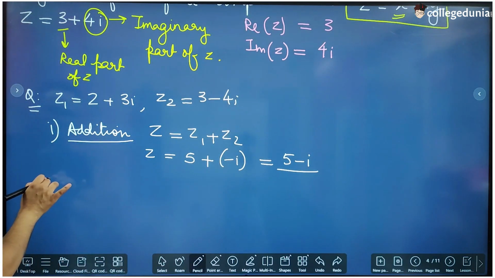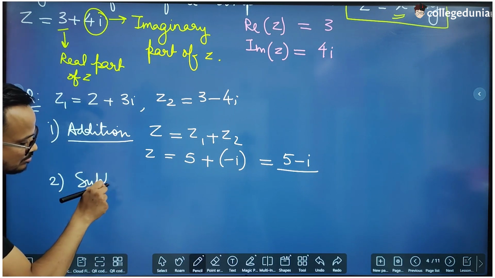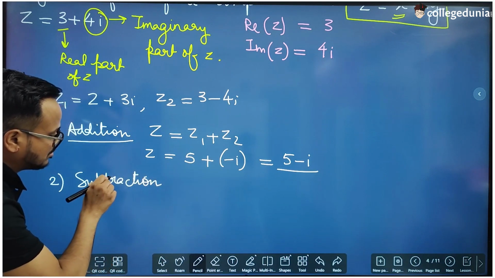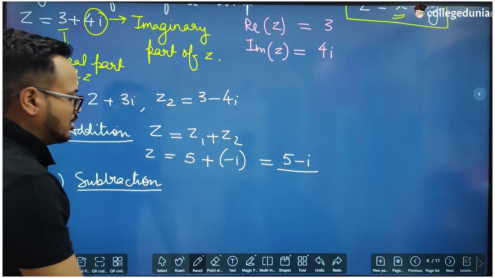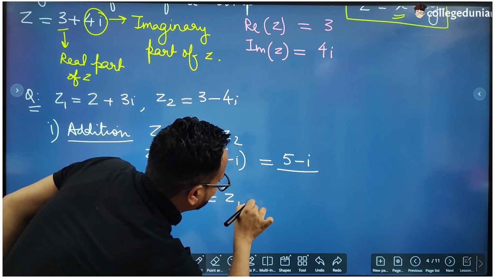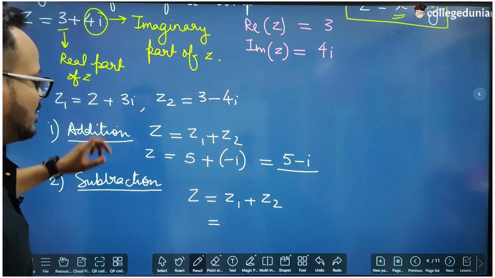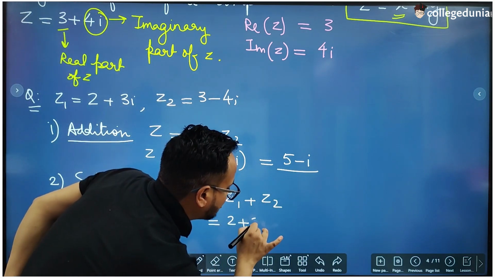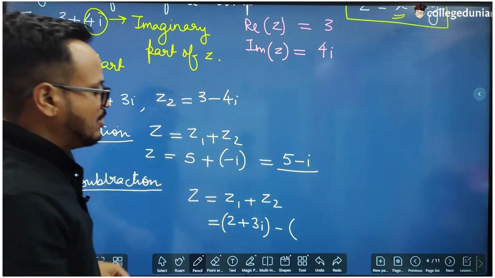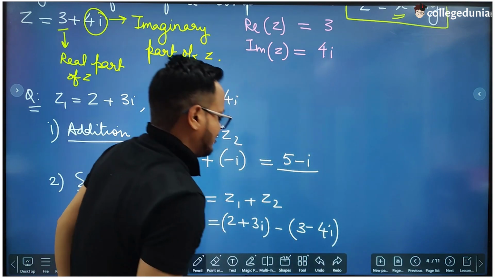Subtraction. Number 2, it is subtraction. So let us say that z is z1 minus z2. Now what was z1? 2 plus 3i minus 3 minus 4i, right?